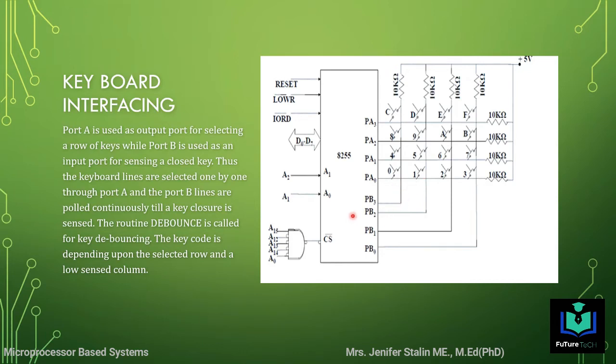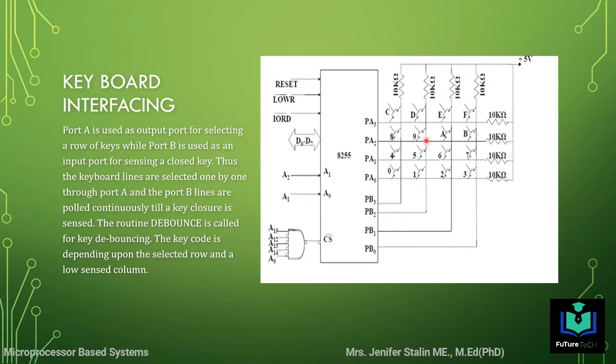Suppose, for example, the user wants to press the key 9. As soon as the user presses the numerical value 9, what happens? Sometimes key debouncing can happen. Key debouncing means that when the user intends to press a numerical value key, the neighboring keys can also be affected because of very small mechanical vibrations.